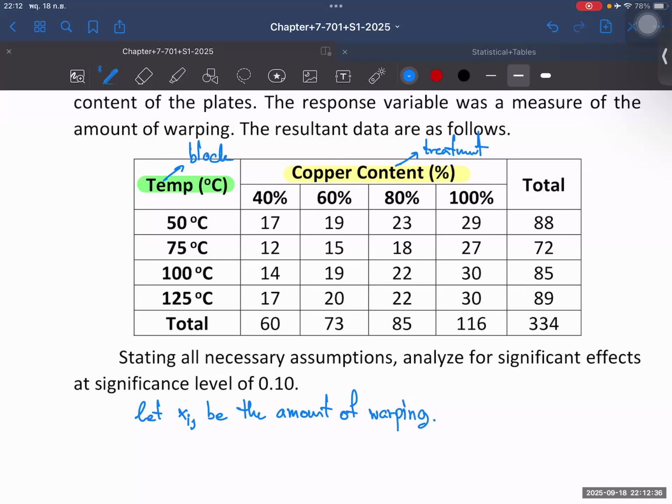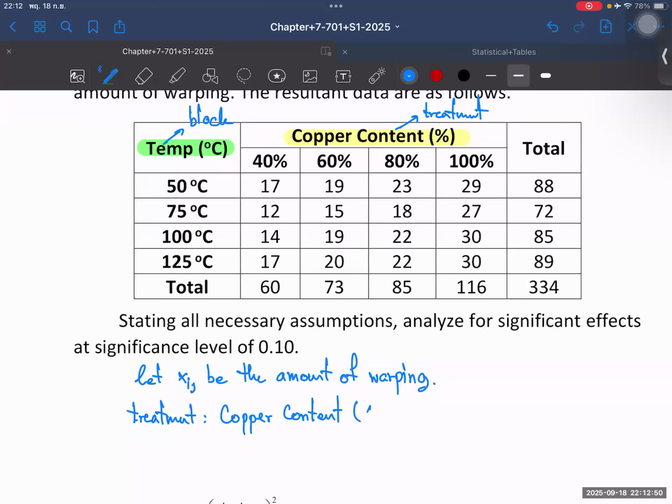So the treatment is copper content by percentage, and the block is the temperature by degrees Celsius.